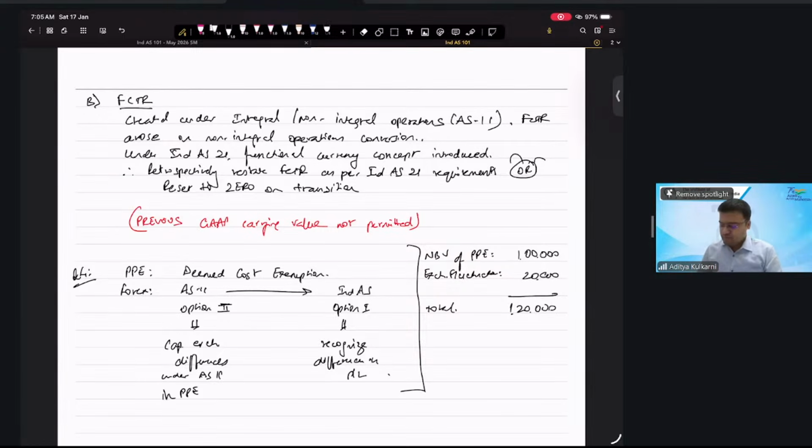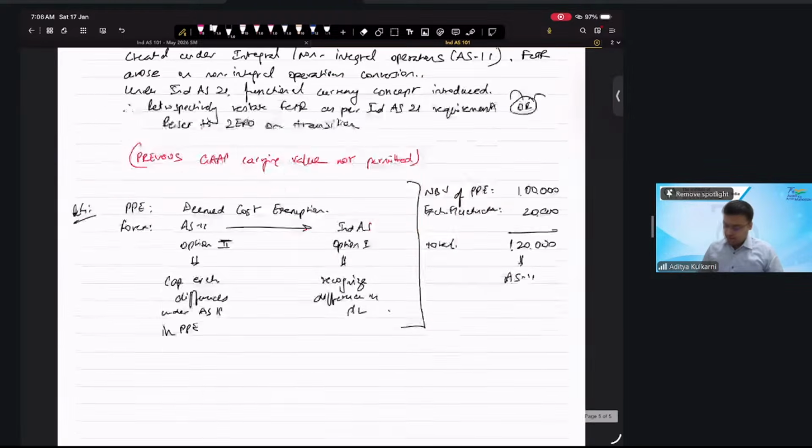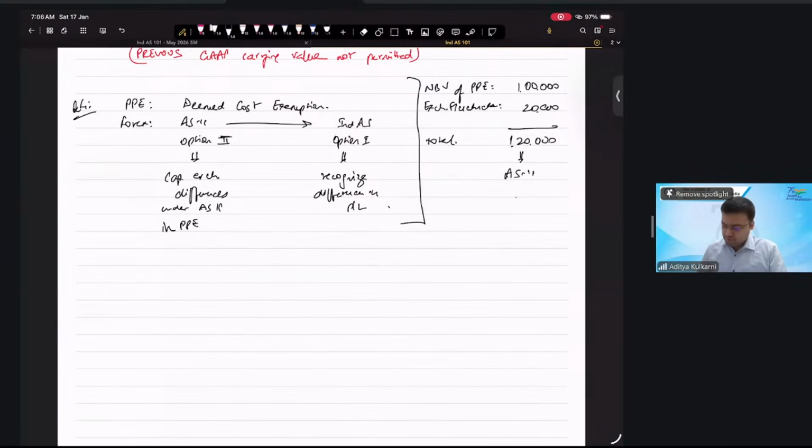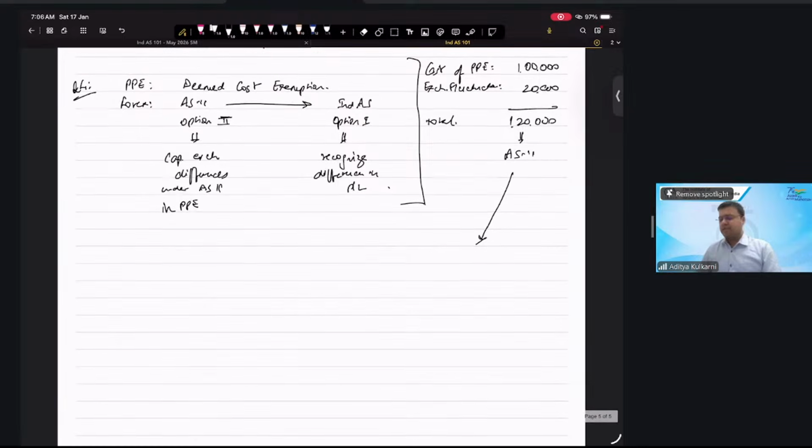This is what is appearing under AS level. Now they want to transition to Ind AS. Ignore depreciation and so on for the time being. Let me just keep it as cost, and not complicate it.